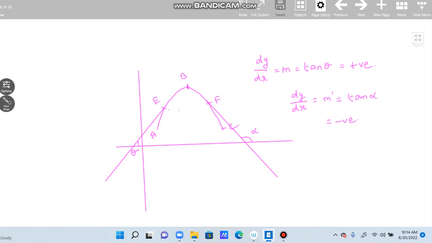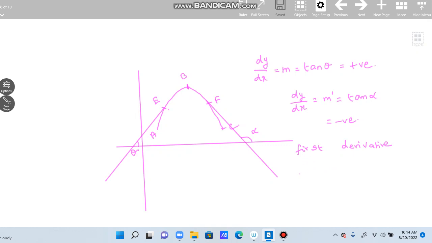And so what happens at B? When a function is increasing and it is now going to decrease, obviously that means it should have reached a maximum point, and that maximum point is B in this case. That is why we call this the first derivative test, which decides about the local maxima or minima using dy by dx.